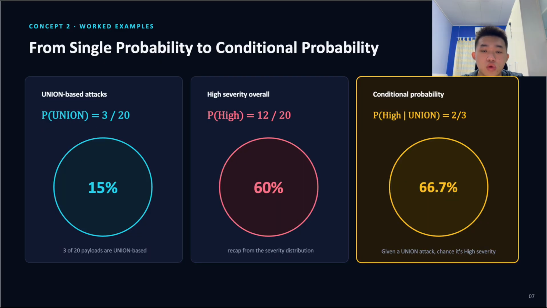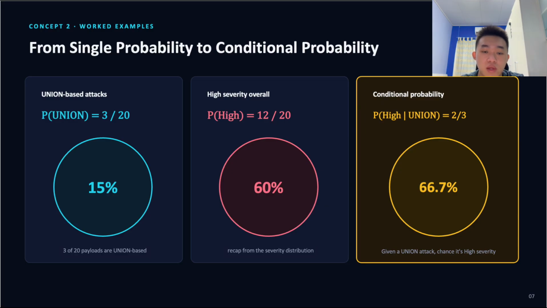We also look at specific attack types. Only 3 of the 20 payloads are union-based, giving P(union) equals 15%. But here is where it gets interesting.